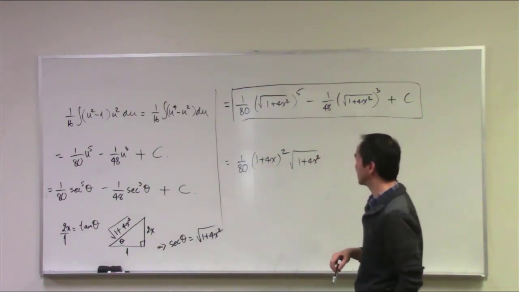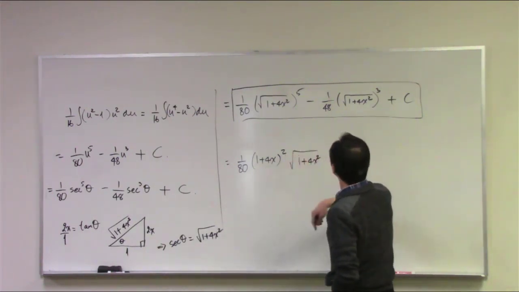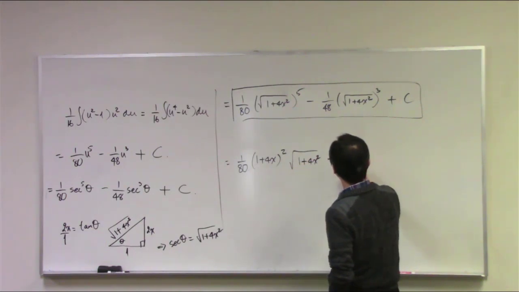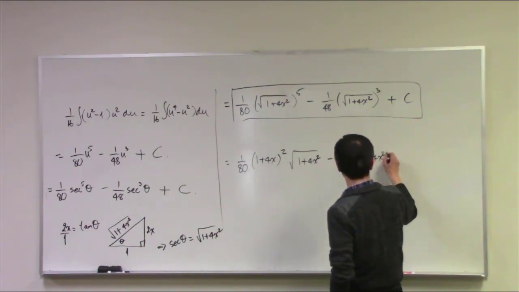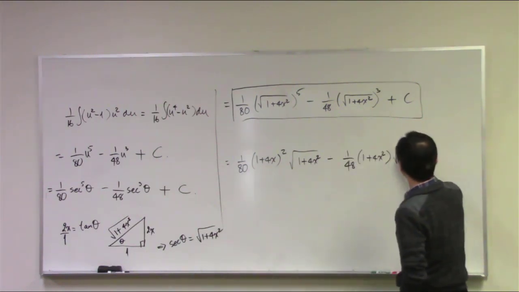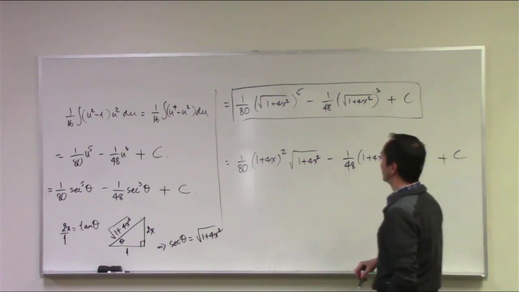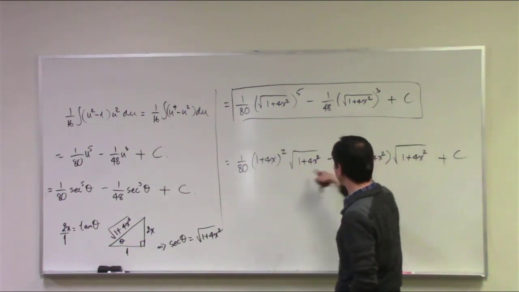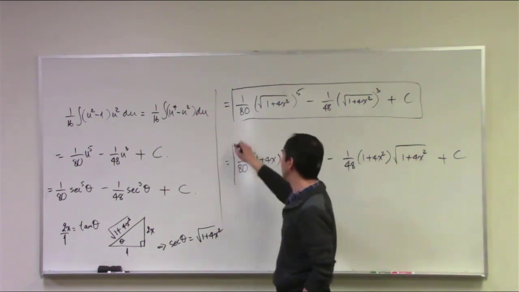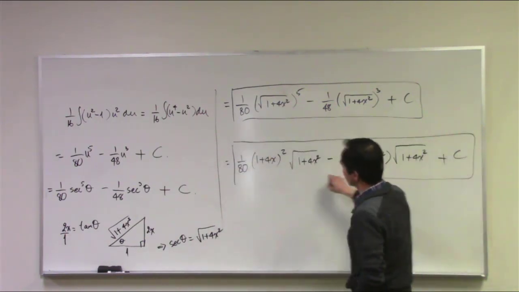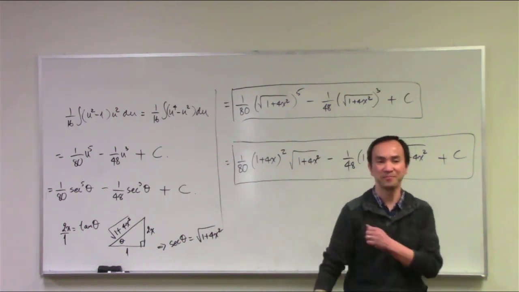Okay. You guys can double check my algebra on that. And then subtracting 1 over 48, and the cube on that, the square root is going to make it simply 1 plus 4x squared with no power, and then multiply with 1 plus 4x squared. Okay. And then we can even factor out that square root if you would like to. But that's another way of writing it.